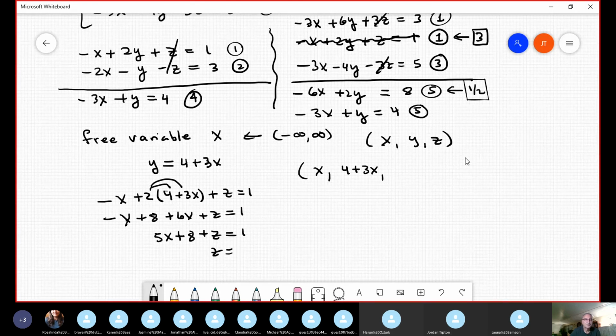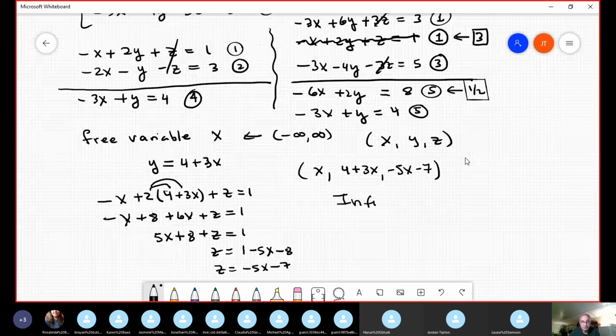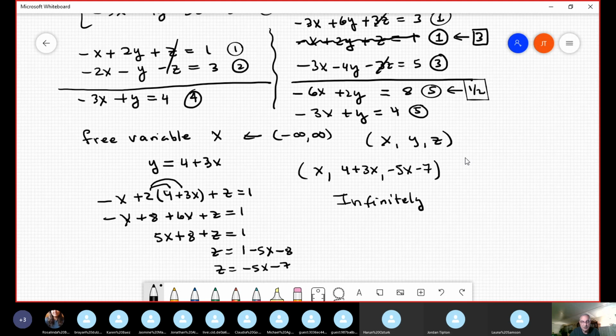Z is equal to 1 minus 5x minus 8. Z is equal to minus 5x minus 7. And this is the answer, with infinitely many solutions.